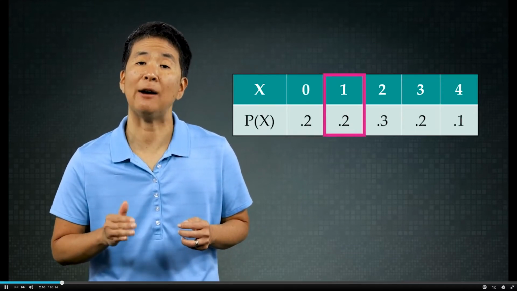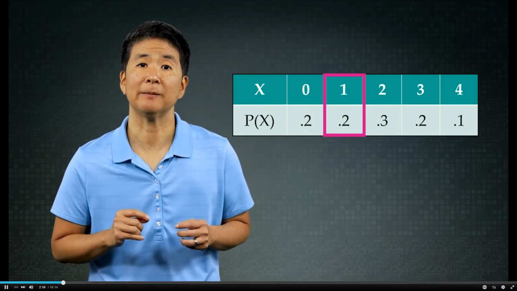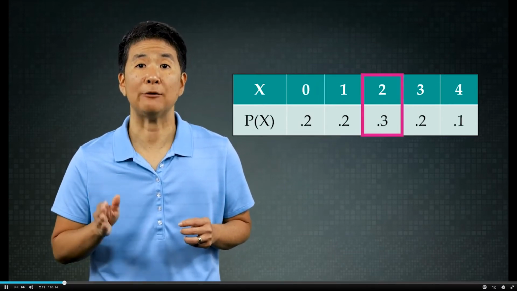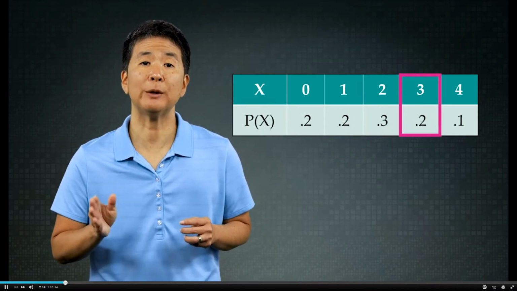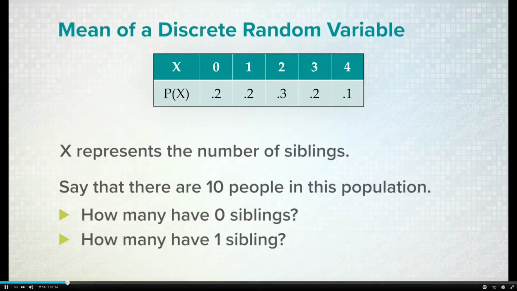20% also have 1 sibling, so 2 of them have 1 sibling. 3 would have 2, 2 would have 3 siblings, and 1 would have 4. So if I were to list all those numbers out, here are our 2 people with 0, our 2 1s, our 3 2s, our 2 3s, and a 4.